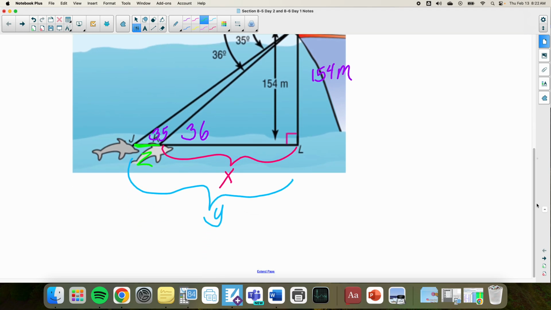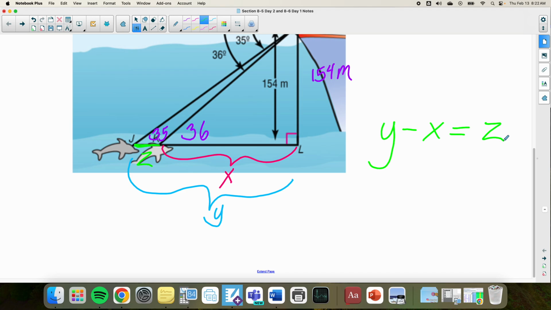If you found the bigger distance and subtracted the smaller distance, it would give you that distance between. So in the end, you're gonna take your bigger side length on the bottom, subtract the smaller, and that will give you the distance between those dolphins. So you end up doing 2 separate triangles, okay?